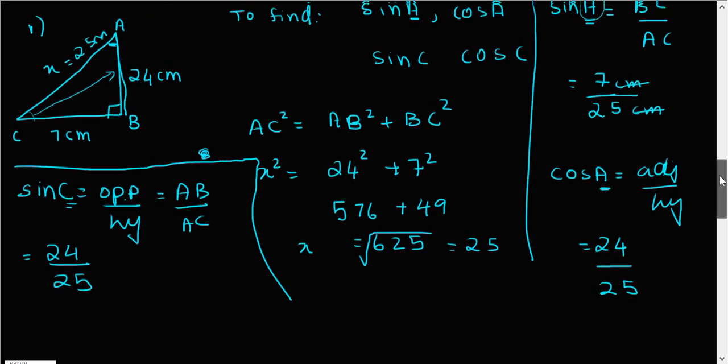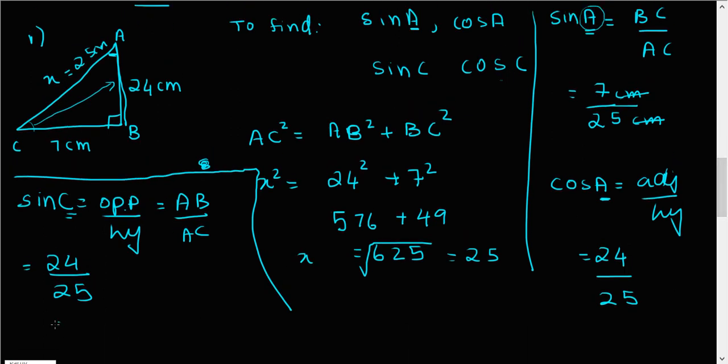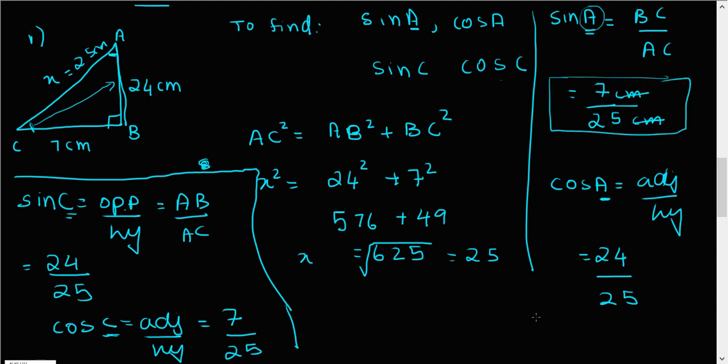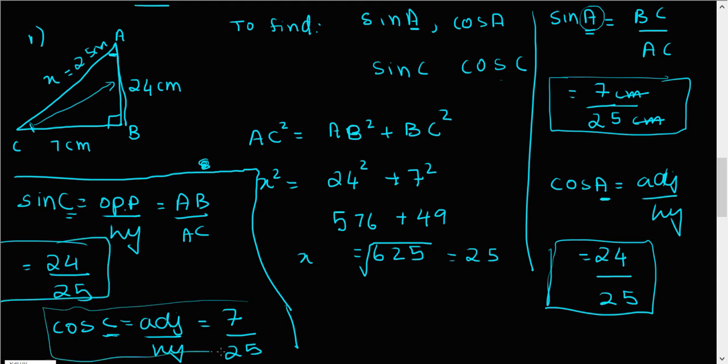Then our required is cos C. It is adjacent by the hypotenuse. Adjacent to angle C. This is my angle C. So the adjacent here is 7, by the hypotenuse, that is 25. So those are our answers. So that's our sin A, this is our cos A, this is our sin C, and this is our cos C.